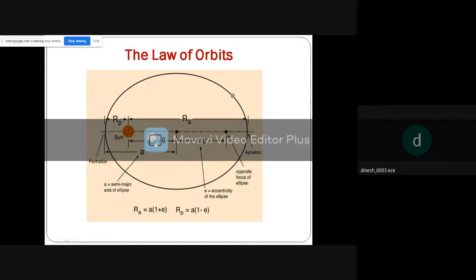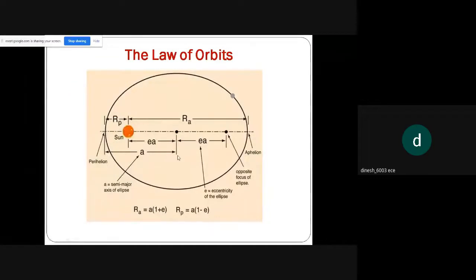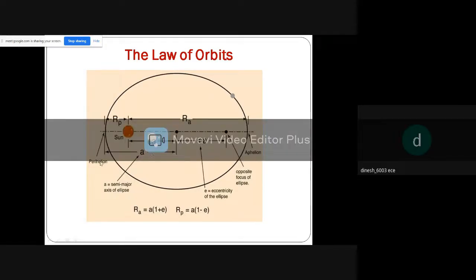The longest point is called the perihelion. From there to the center, we mark a point, and that measured value is the semi-major axis of the ellipse, represented as A.